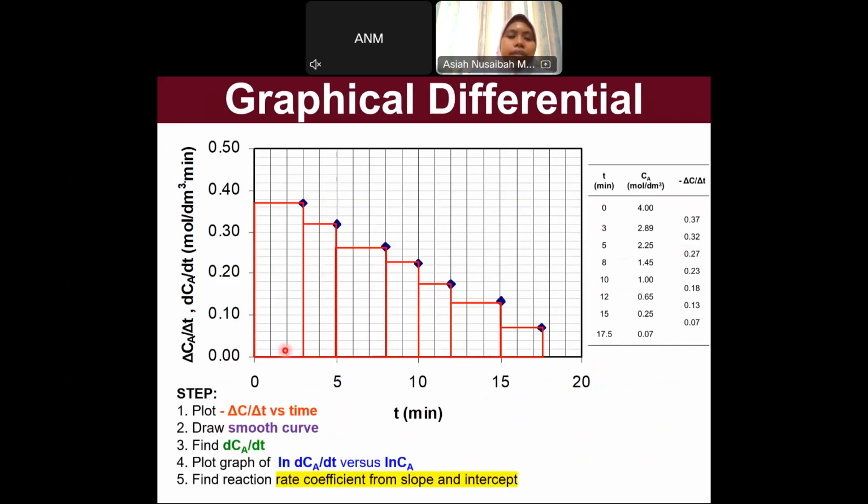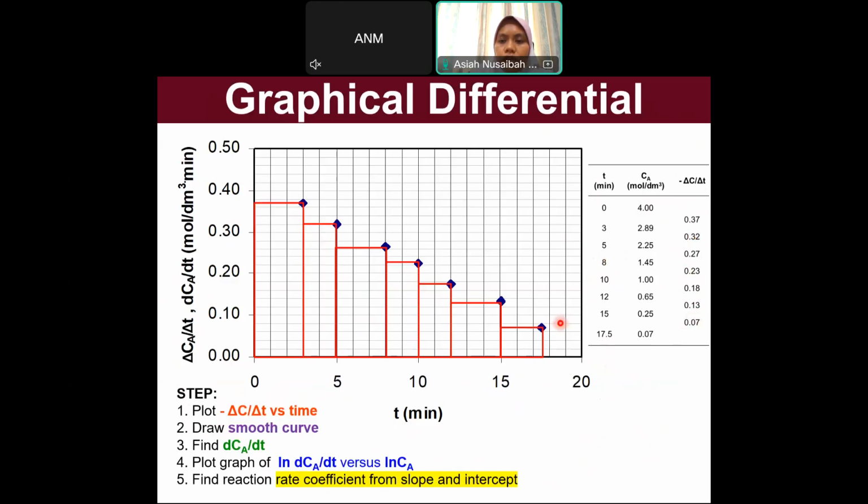For the graphical method, there are 5 steps in total. The first step is to plot minus change of C over change of time versus time. Here our x-axis is time, with data 0, 3, 5, 8, and so on. The y-axis is the change of C over the change of t that we calculated just now: 0.37, 0.37, 0.32, 0.32 for the second histogram, and so on.